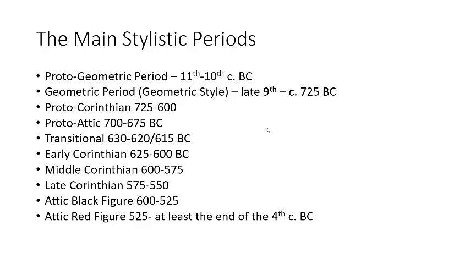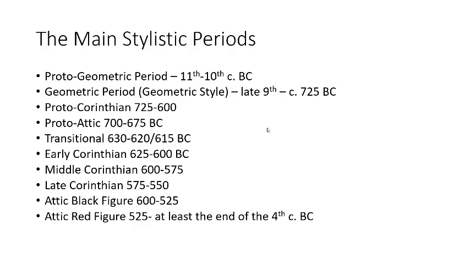So stylistically, things change. They start out very geometric because, remember, their predecessors are the Mycenaeans. So we go from geometric to something that starts to use more figures within that geometry, and we get two primary epicenters of pottery production, even though all the other states had pottery production as well.